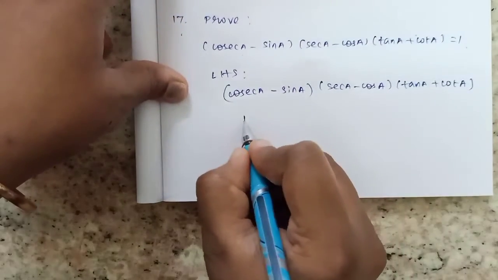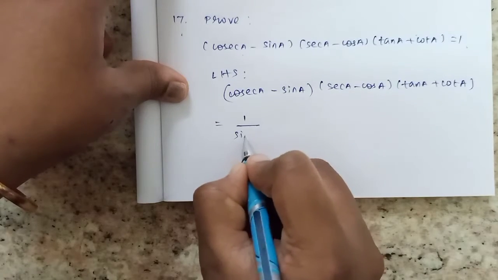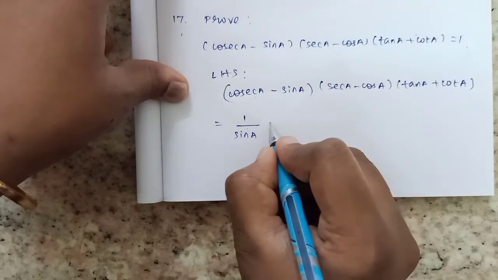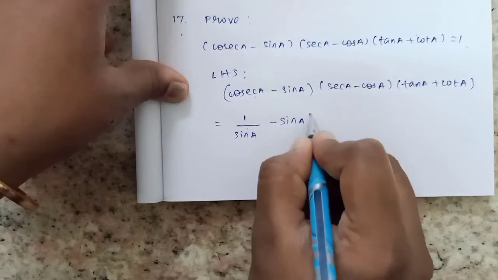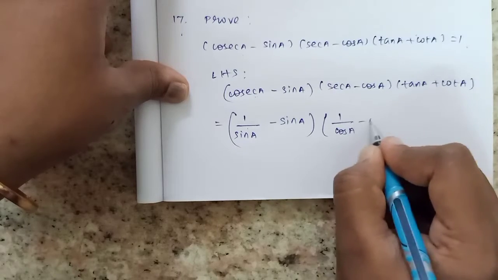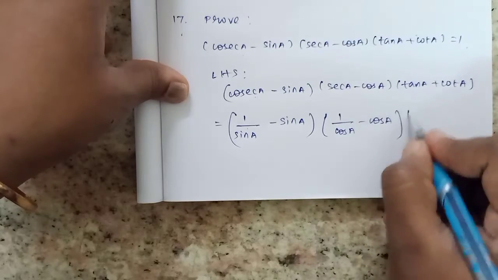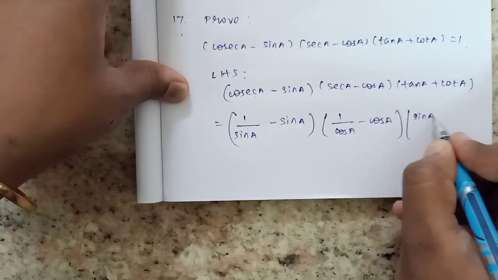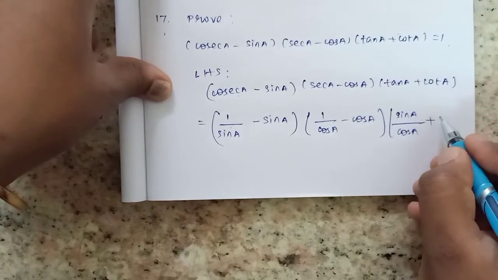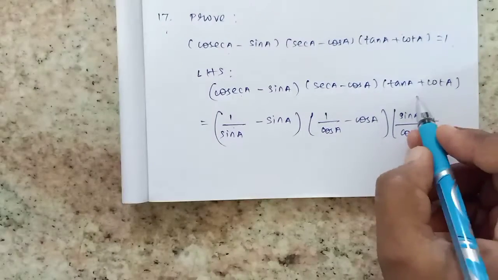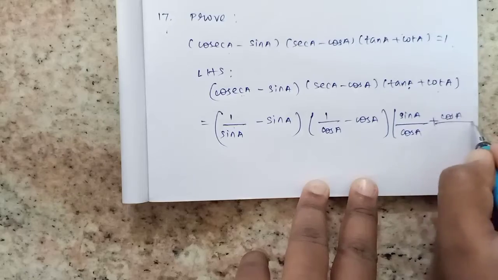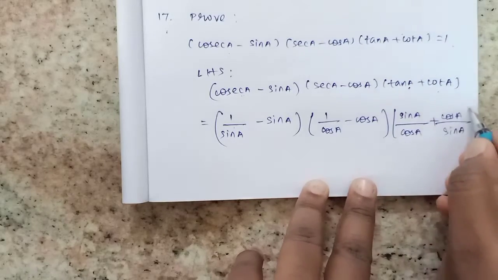Cosecant A we can write as 1 by sin A, the reciprocal of sin, minus sin A. Then secant A we write as 1 by cos A minus cos A. Then tan A is sin A by cos A, plus cot A, the reciprocal of tan, which is cos A by sin A.